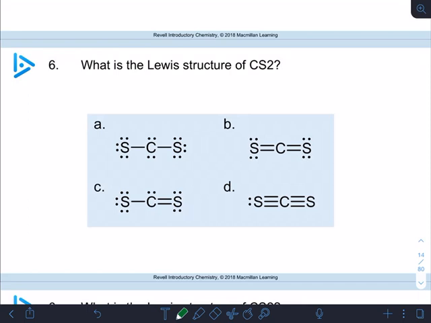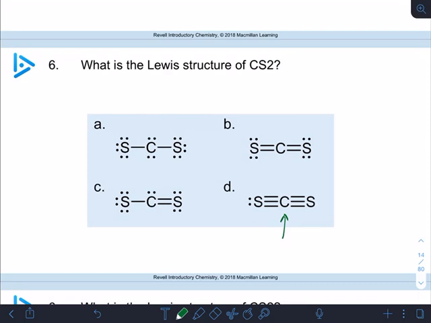So for CS2, let's take a look at these various versions of CS2. All the elements in the second row of the periodic table must follow the octet rule. They cannot have more than 8 electrons.